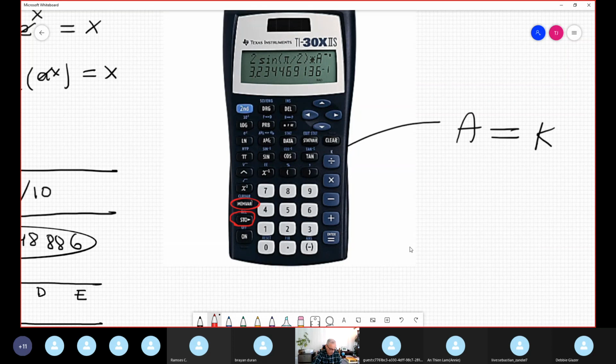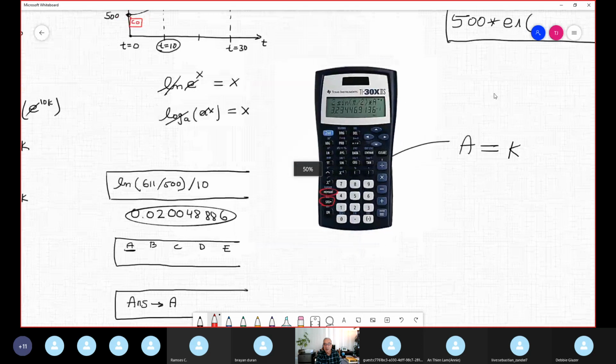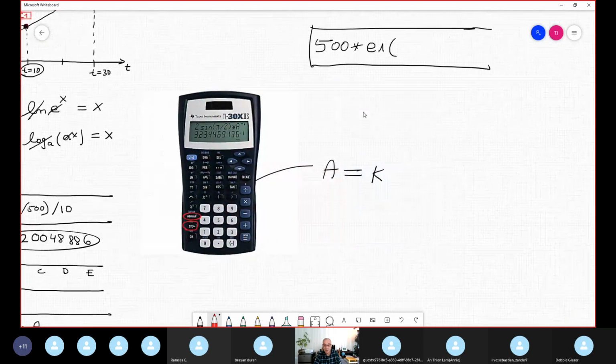Okay, I see the value of A. You press enter. Then in my display I can see something like that: A multiplication by 30, and close the parentheses. Boom.